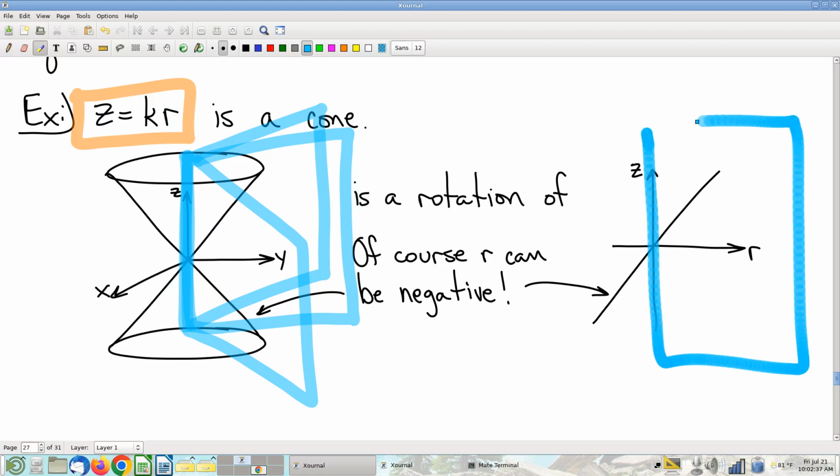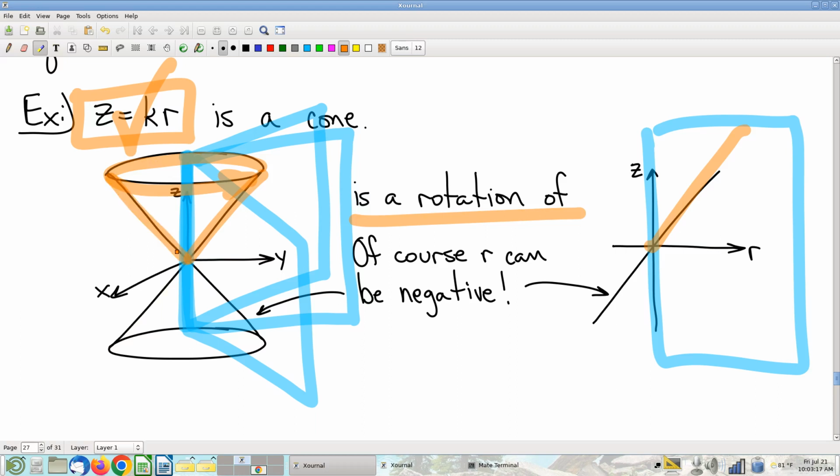So I can say, well, here's one of these half planes, just drawn separately, where z is a function of r, and I can draw this pretty effortlessly in those half planes, right? And I get a line, and now if I've got a line in all of these different half planes, which you might imagine kind of are rotations of each other around the z-axis. All the cross sections look exactly like this. The result then is that this surface is just a rotation of one of those lines. And when you rotate that line, you get a cone.